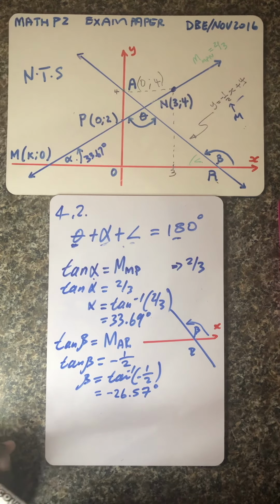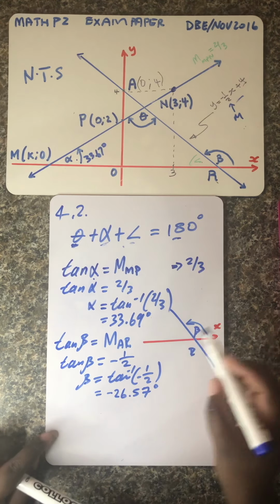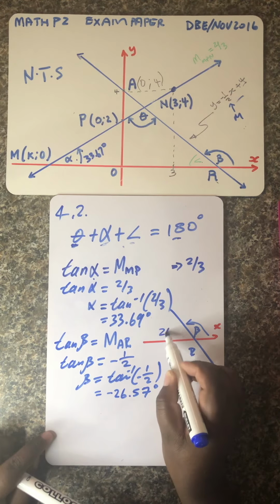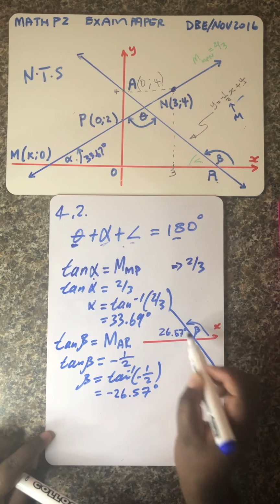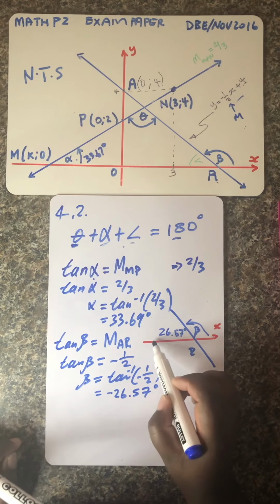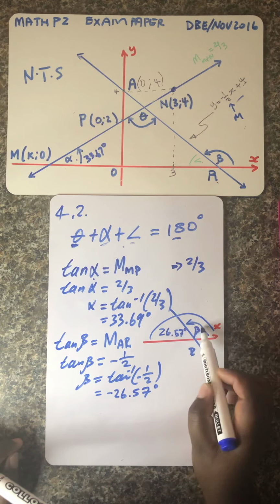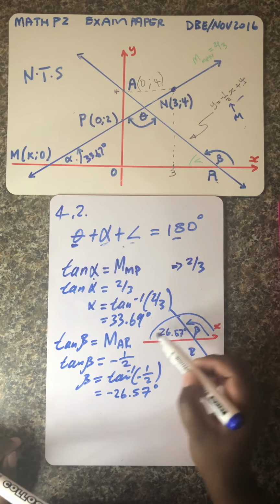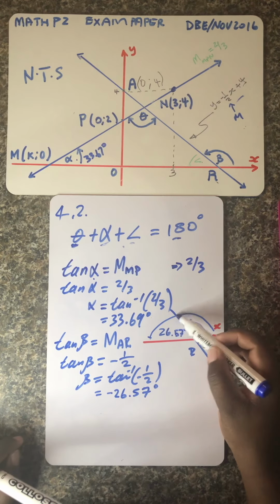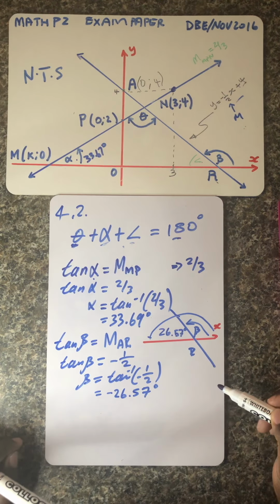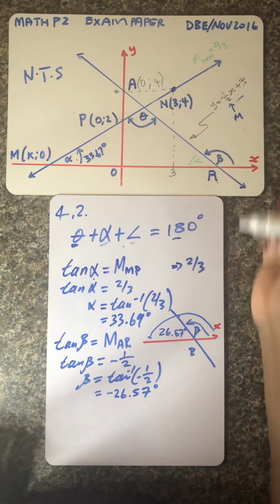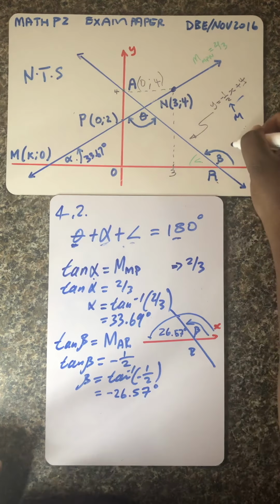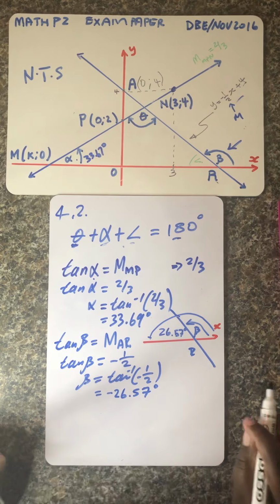So now the angle that we got is negative 26.57 degrees. Between these two angles guys, obviously this is a smaller angle and then this is the greater angle. So we indirectly calculated that angle, even though for this question this is the angle that we're calculating for.